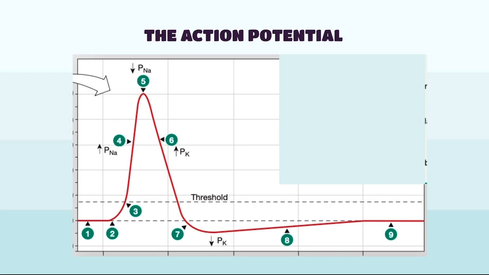Next, I will be covering how the action potential propagates down an axon, but not up. This happens because the sodium channels have a refractory period following activation. Once they have opened, they can't open again right away.